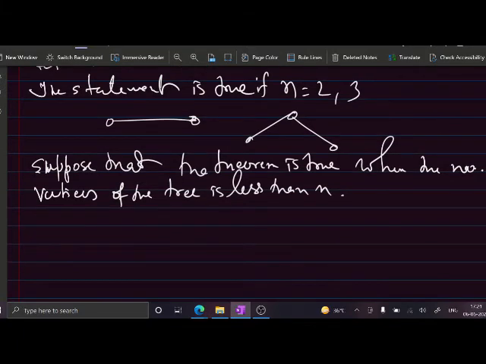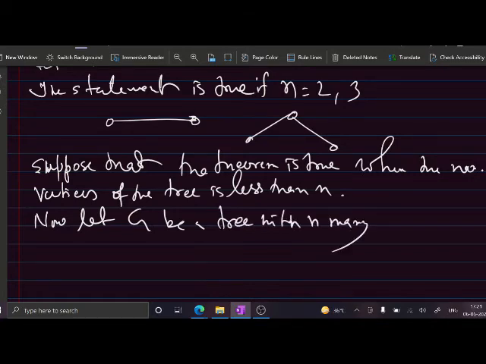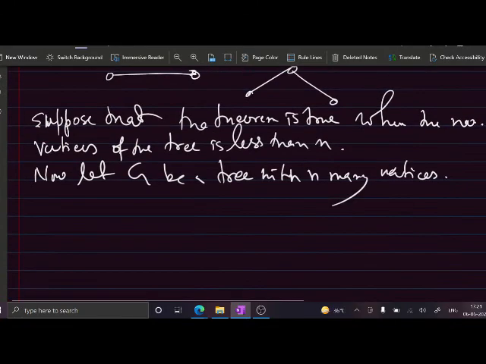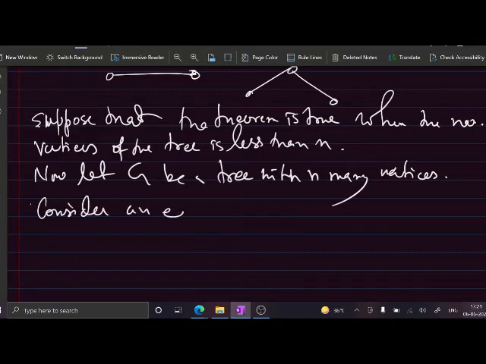Okay, and now let G be a tree with n many vertices. Now consider an edge UV in G.